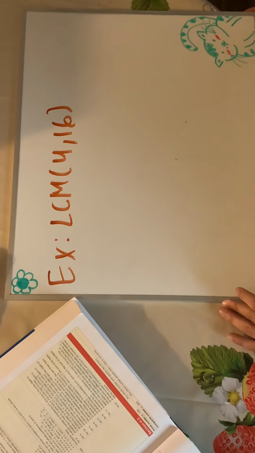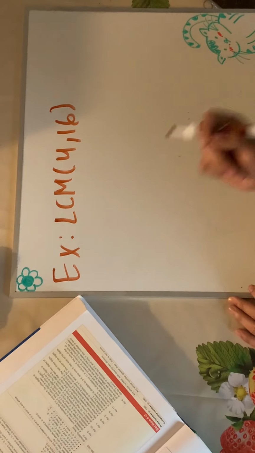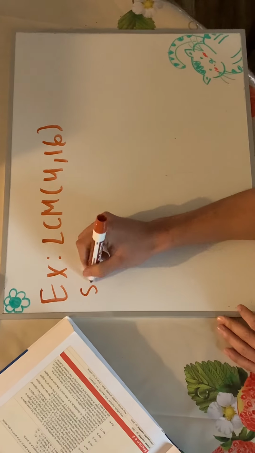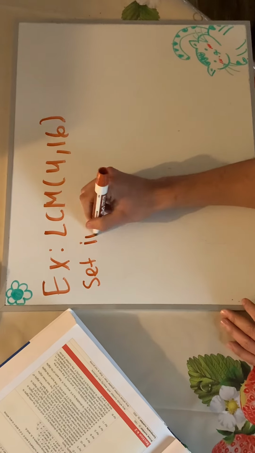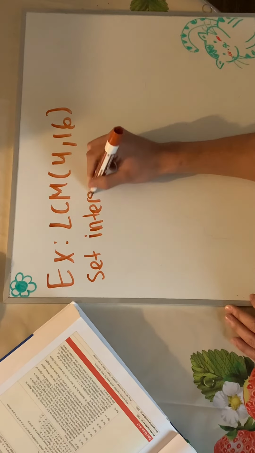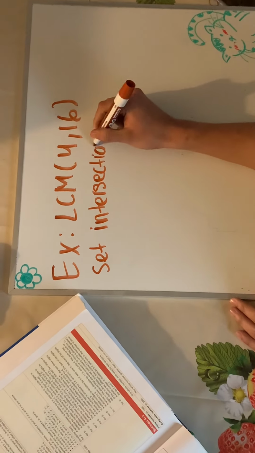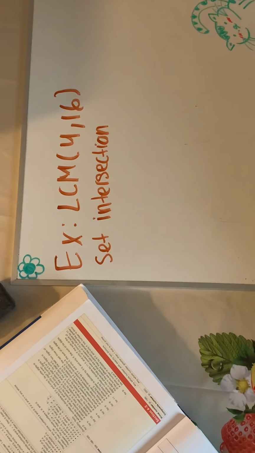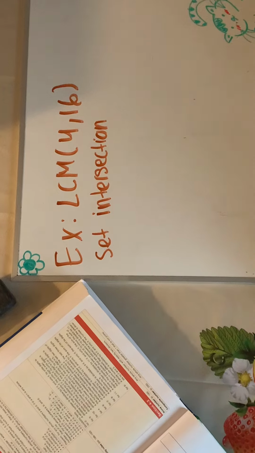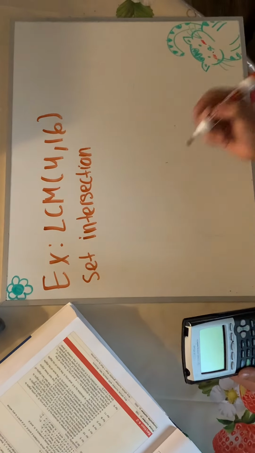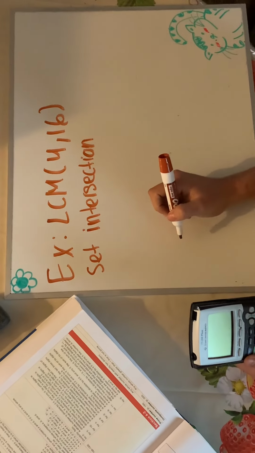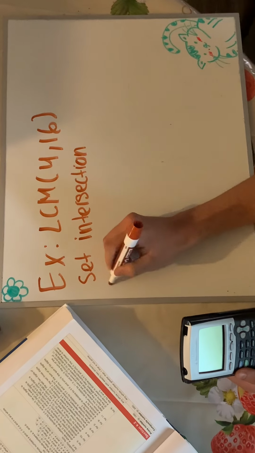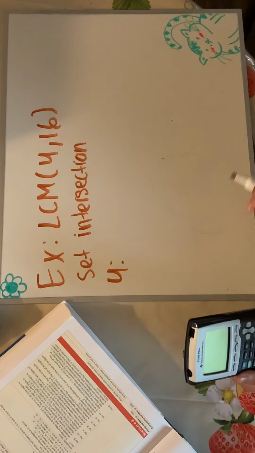And we're going to use the set intersection method. And again, on the set intersection method, we are listing the multiples of 4 and 16.